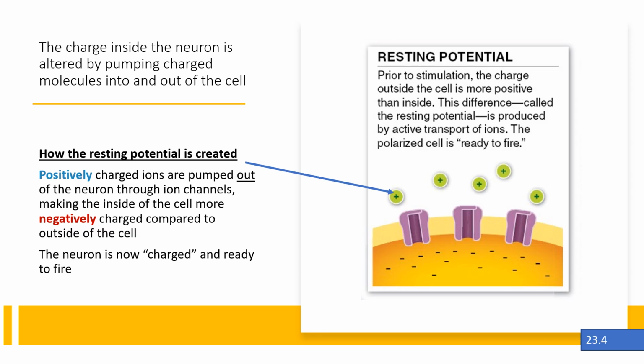This means we're talking about active transport. The cell needs to use some energy to pump those positive ions out of the cell. As those positively charged ions leave the cell, the charge inside the cell becomes more negative than outside the cell. Now the neuron has a resting potential and is ready to respond when it receives a signal.